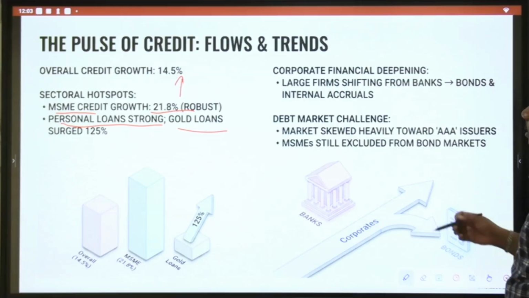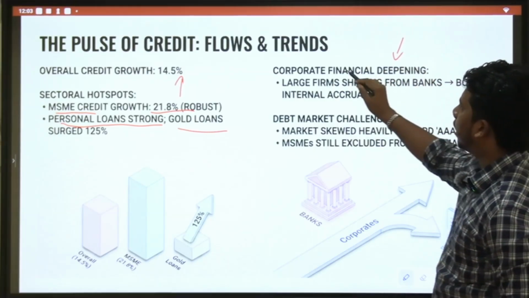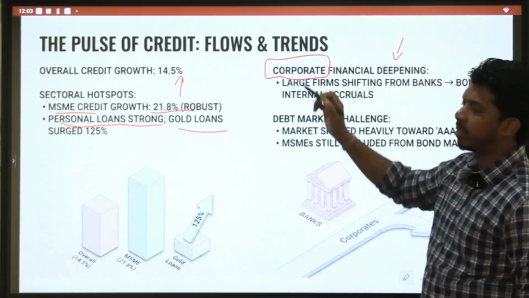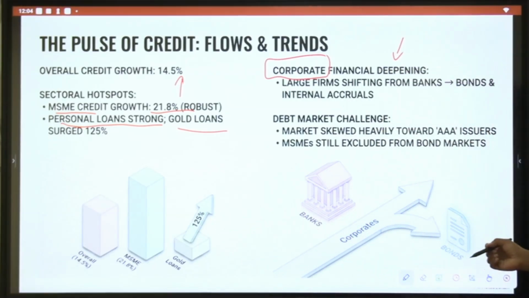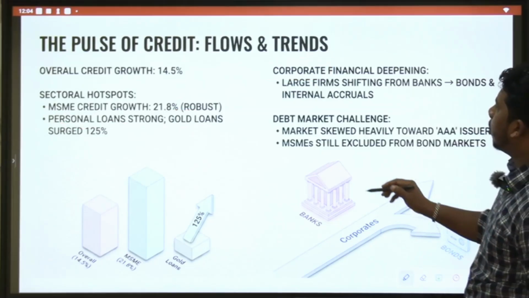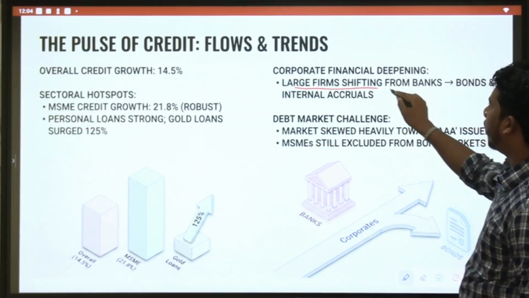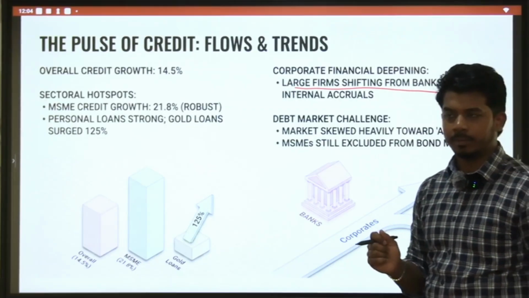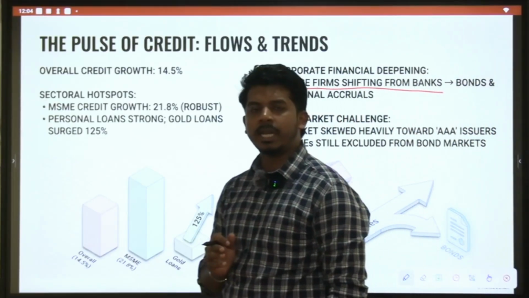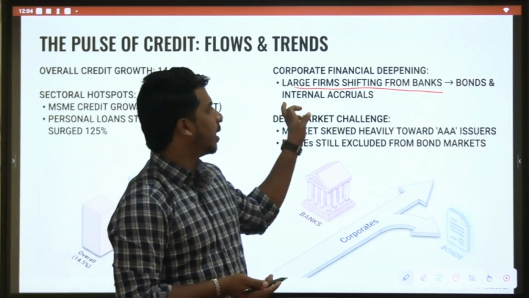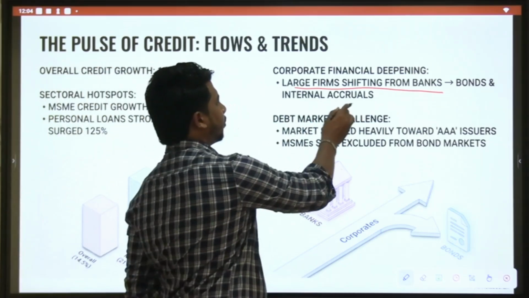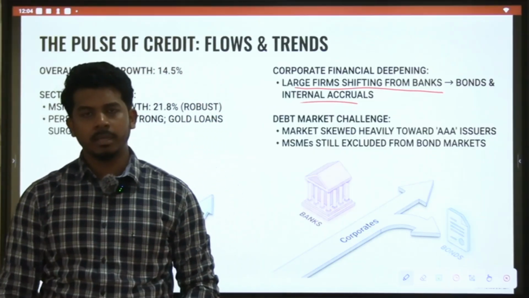We already know the financial sector is deepening, particularly the corporate financial sector, that means sectors other than government. Previously, large firms mostly borrowed from banks. All the companies which require investment were mostly borrowing from banks, but now they are raising bonds from capital markets.